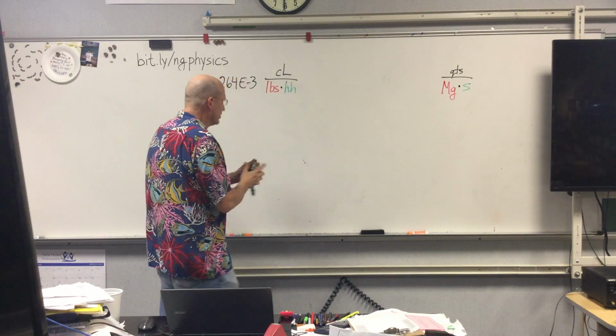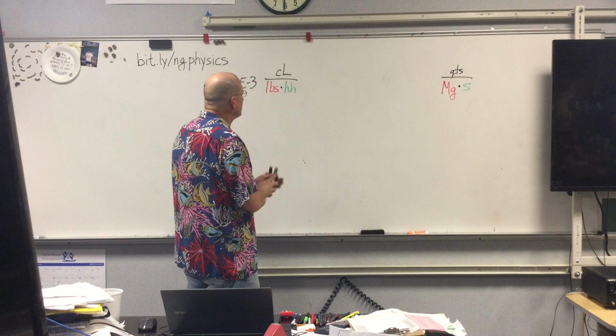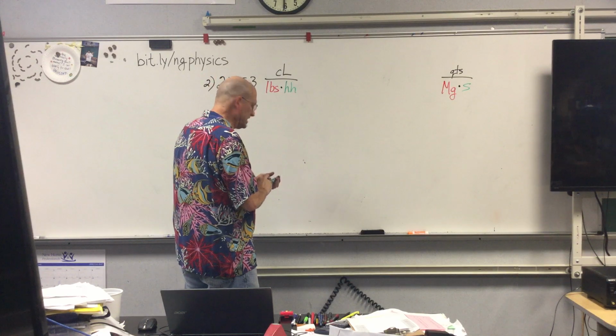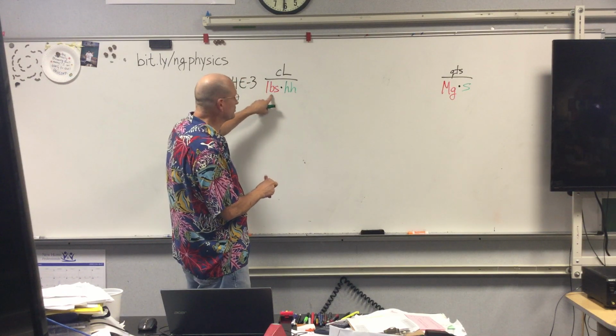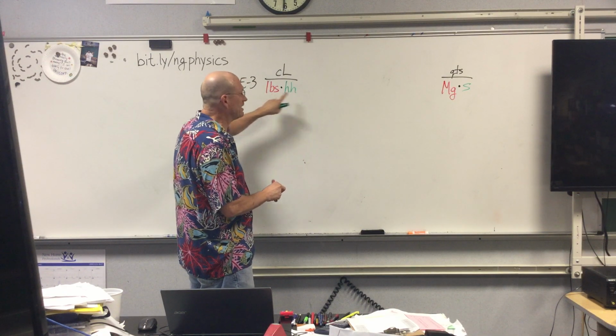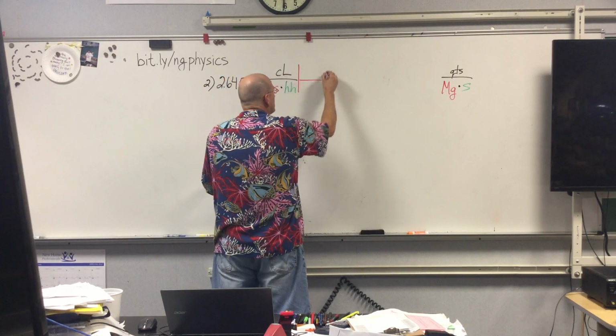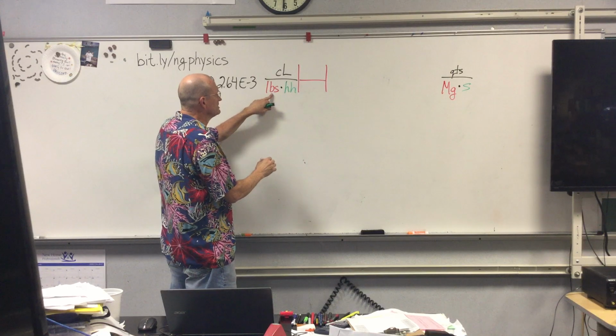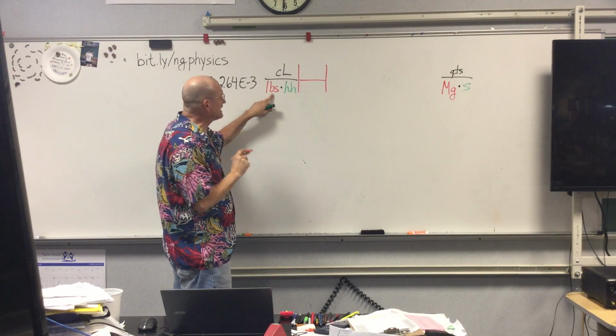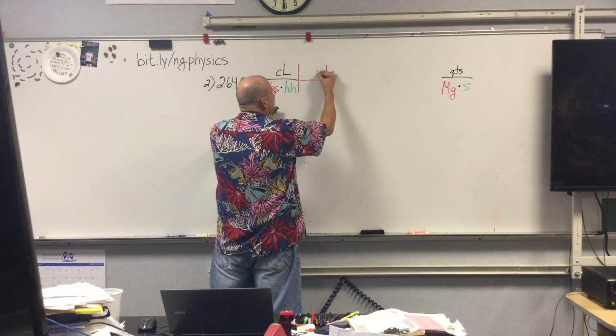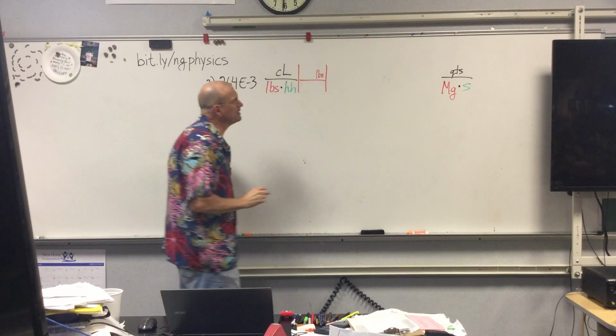Okay, so I'm going to start with the red conversion from pounds to megagrams. Now, if I want to convert pounds, remember it has to be diagonal, so that means pounds is going to have to go up here.